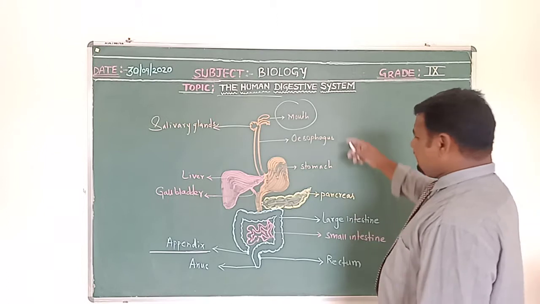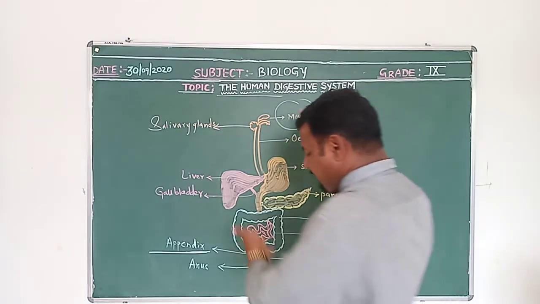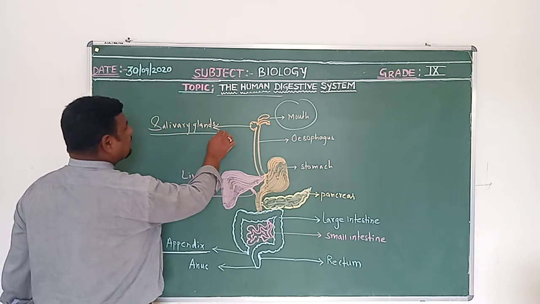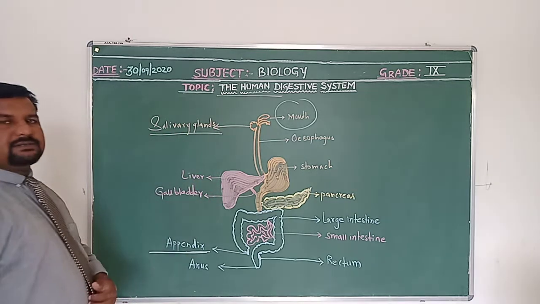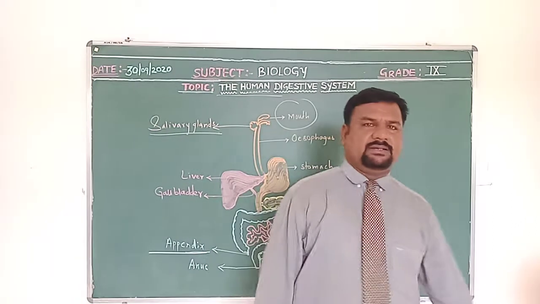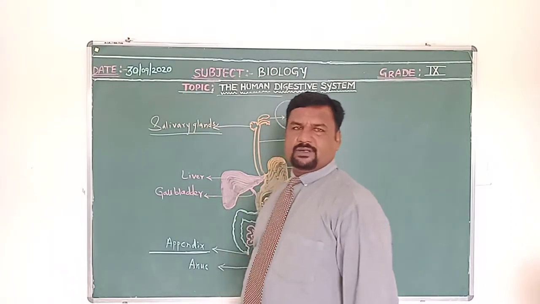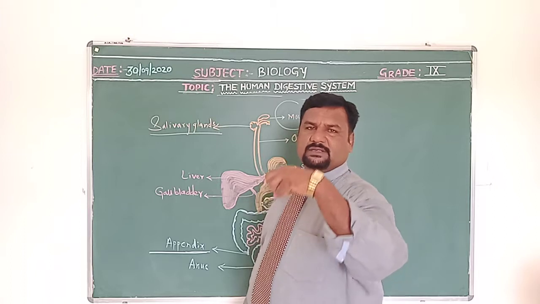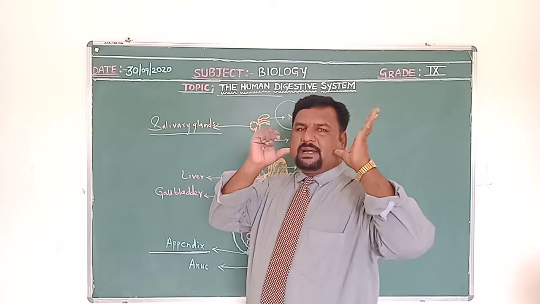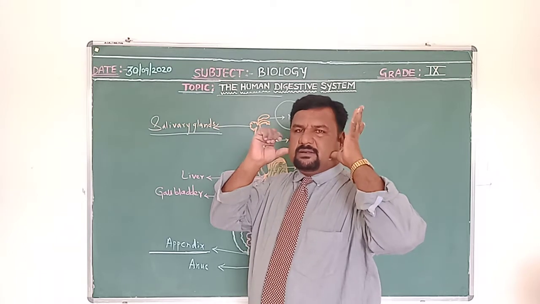So, see here, the mouth. There are 3 pairs of salivary glands present in the mouth. How many? 3 pairs. Parotid, sublingual and submaxillary. These 3 types of salivary glands are present in the buccal cavity of the mouth, on either side, right here.